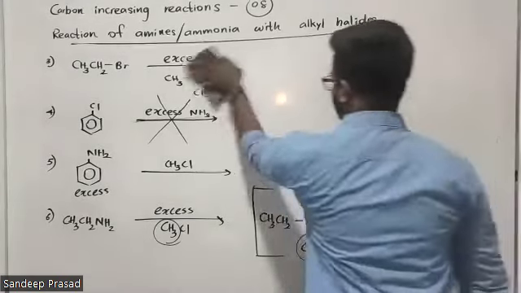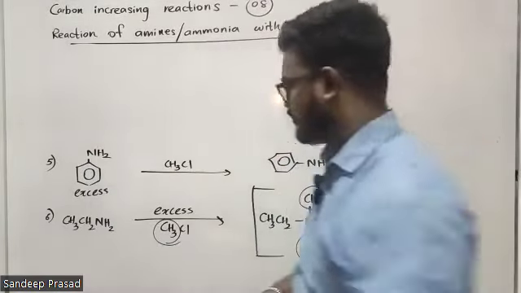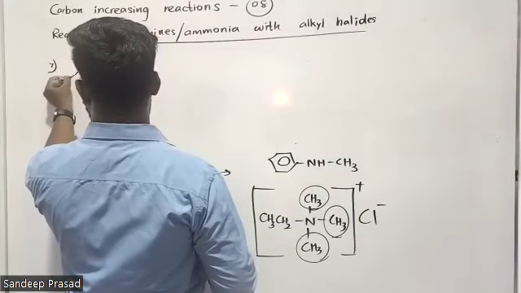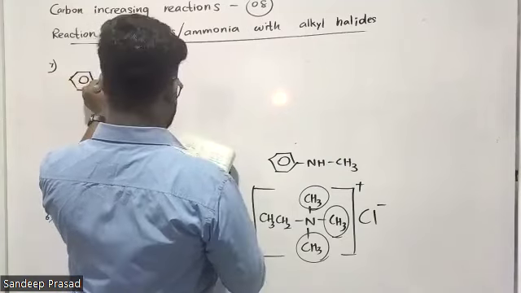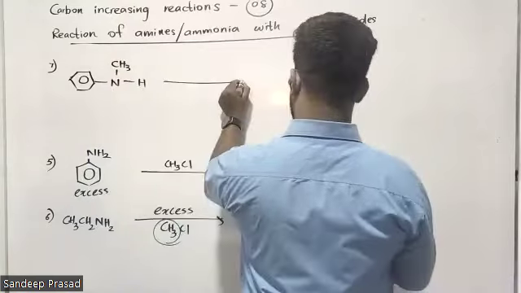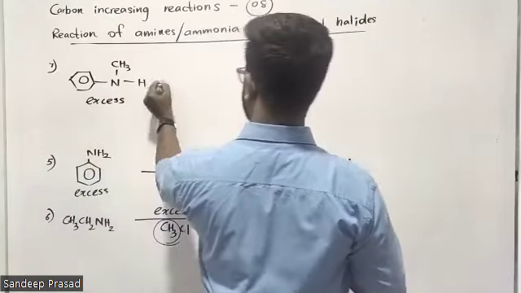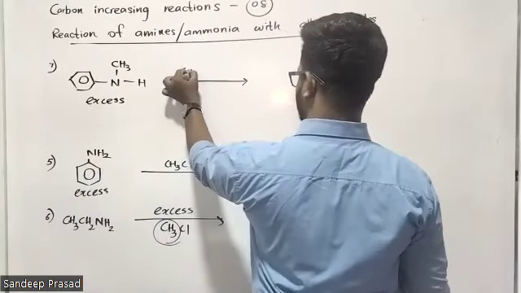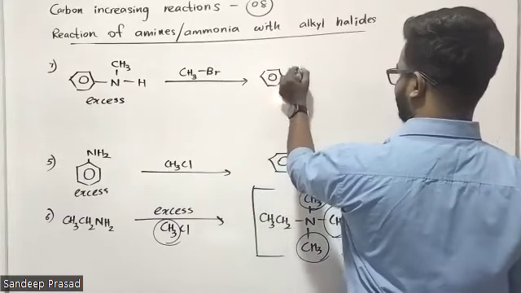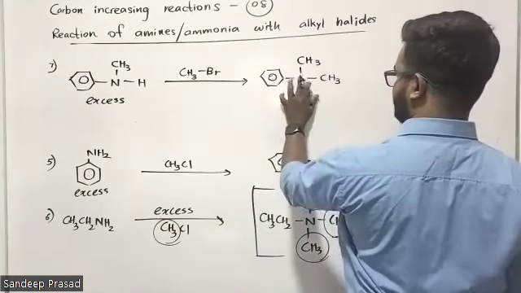Last example, number 7. We have a secondary amine. This is in excess. We are adding CH3Br. Then no issue. Bromine and hydrogen are eliminating. CH3 is coming here.